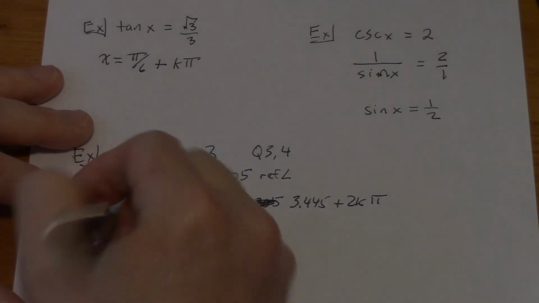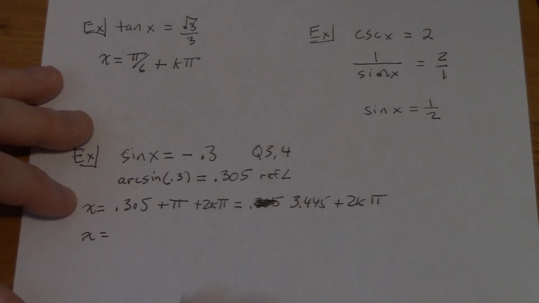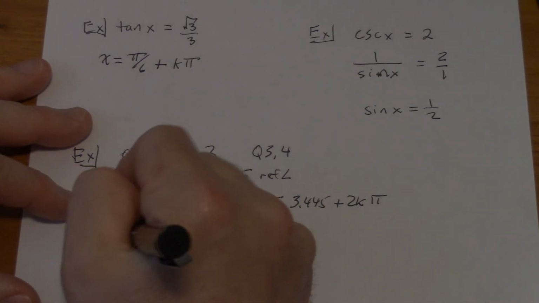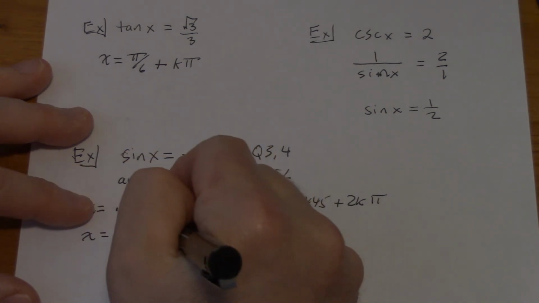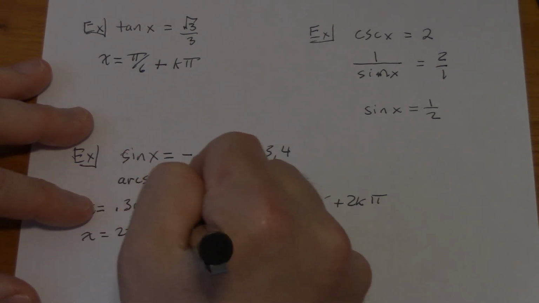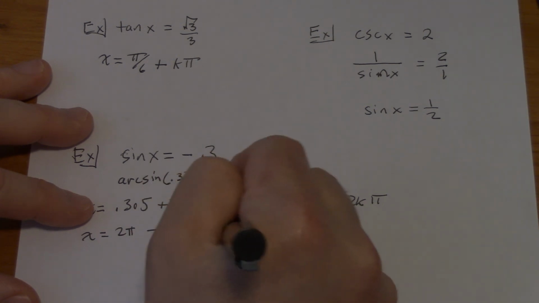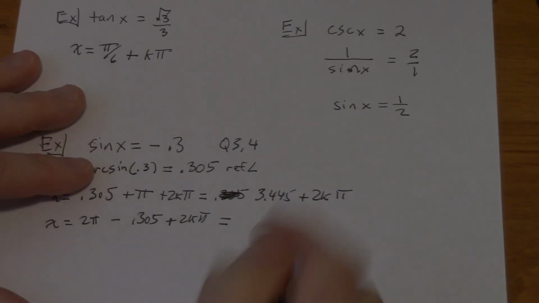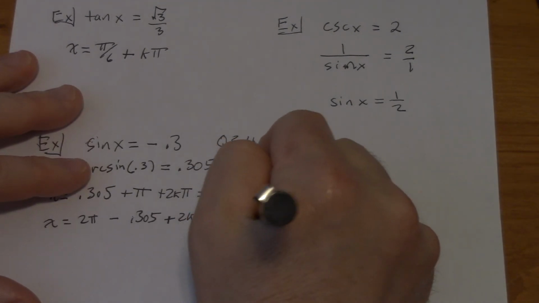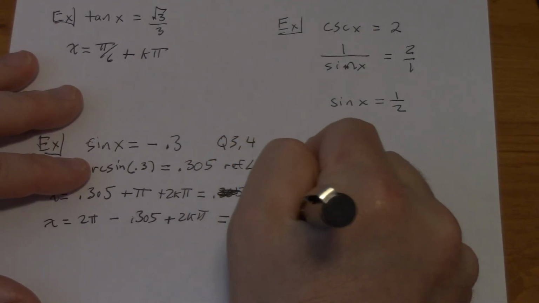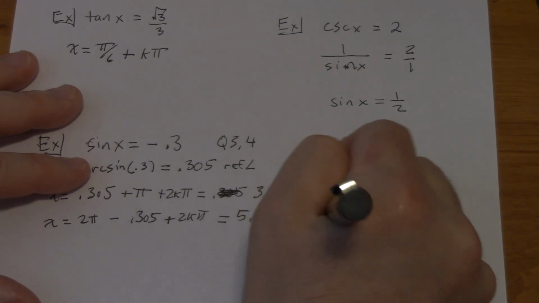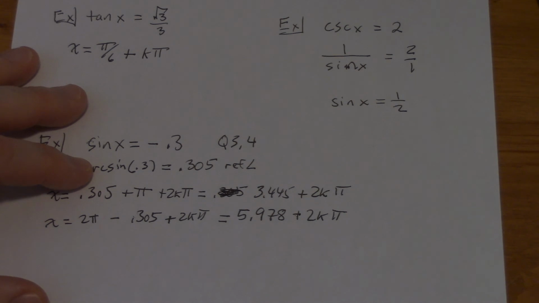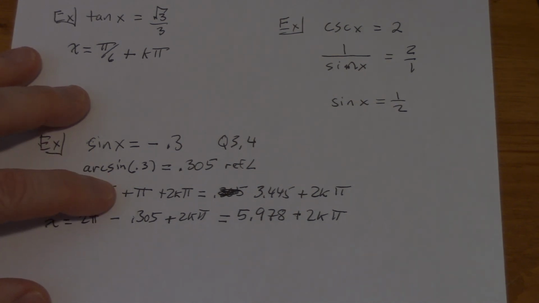Okay? And then, how do I get the fourth quadrant angle? I do 2 pi minus my reference angle. And when I did that, so let me write that down, 2 pi minus 0.305, and that's plus 2k pi. What did I get there? I got 5.978 plus 2k pi. And that's how you need to write your answers if you have something that requires a calculator. All right.